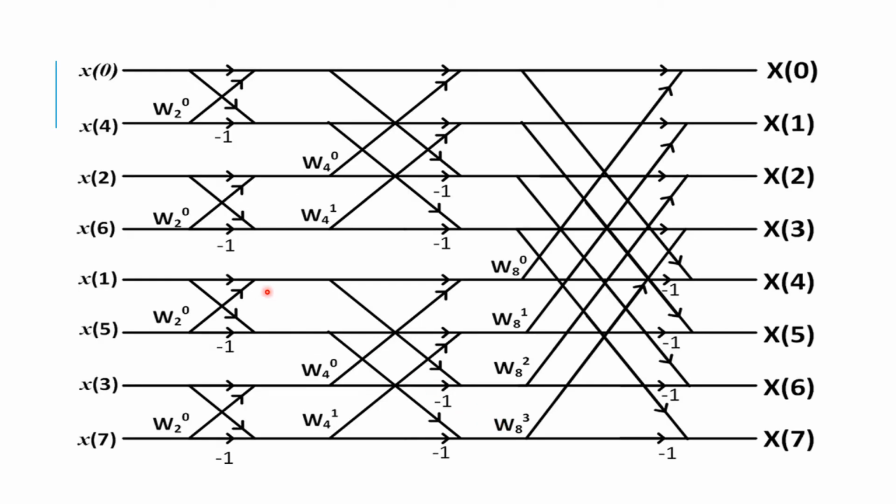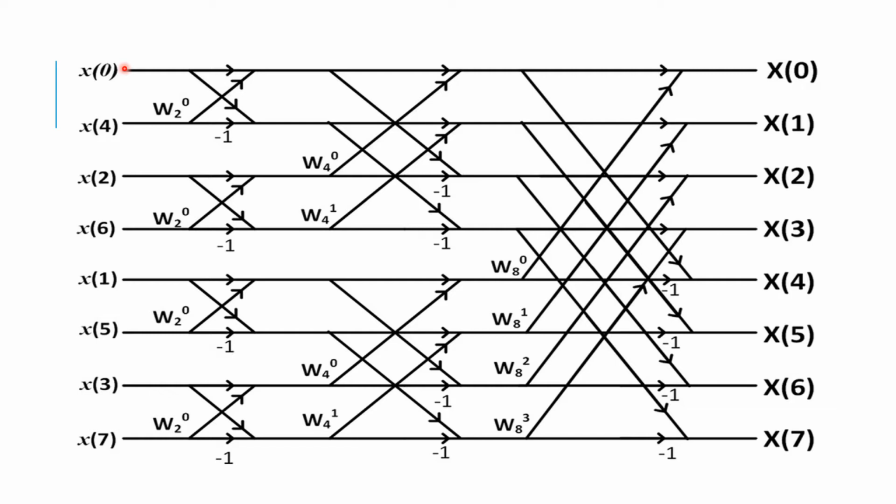So as soon as you get this problem, you take a paper, turn your page to the landscape mode so that you get the diagram very clearly. Okay, so start drawing. What is the first and foremost point that we have to look at? The asked question is DIT algorithm.